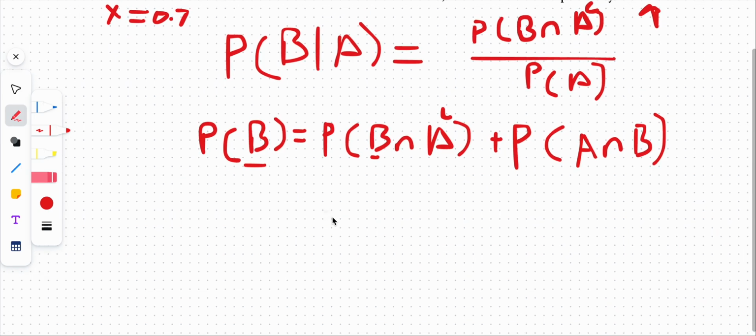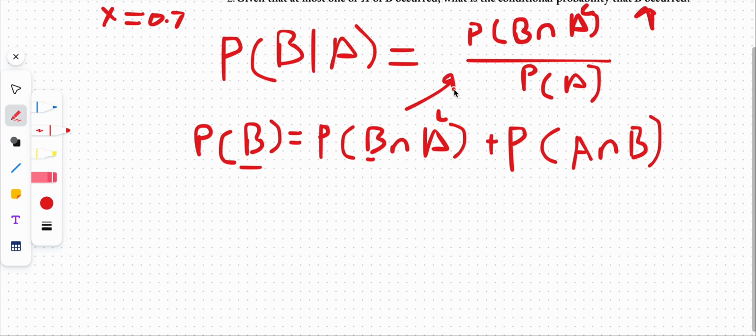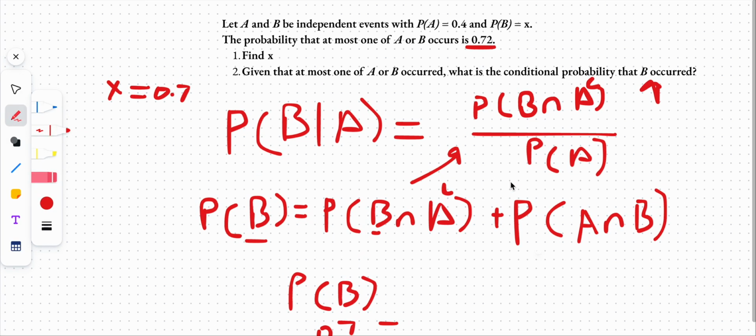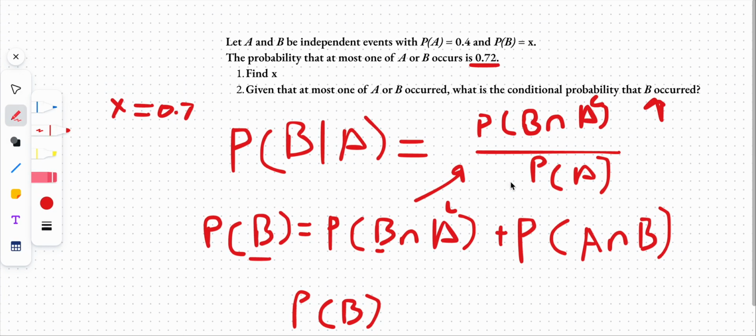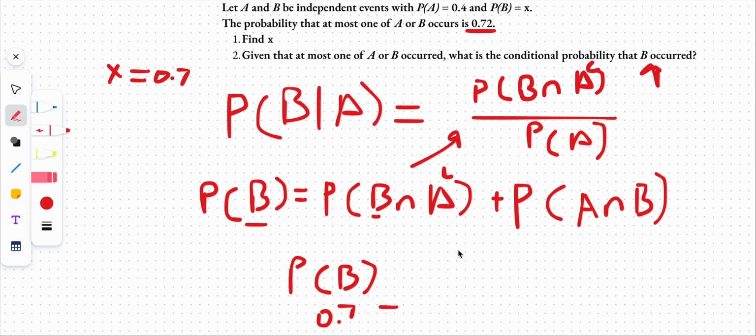Now we just need to solve for this. We can get the probability of B, which was 0.7, minus the probability of A and B, and the probability of A and B is 0.28.